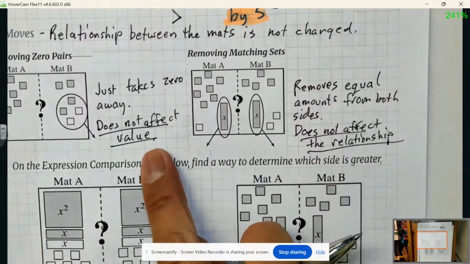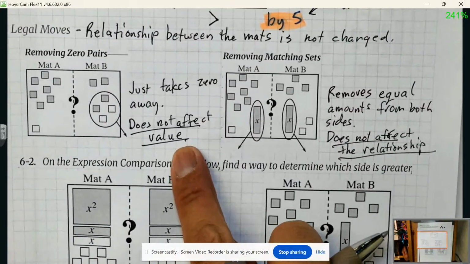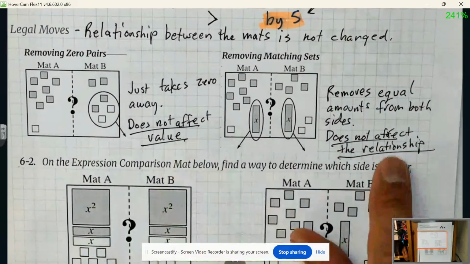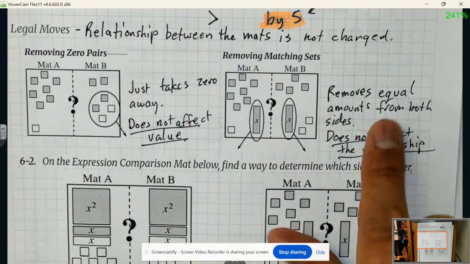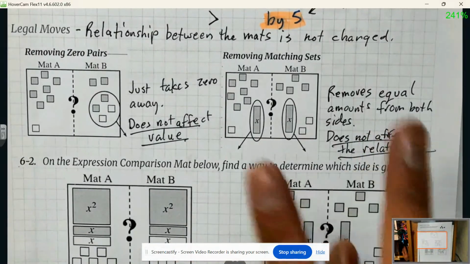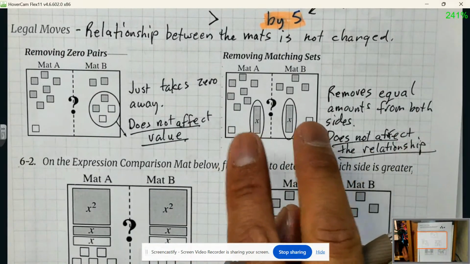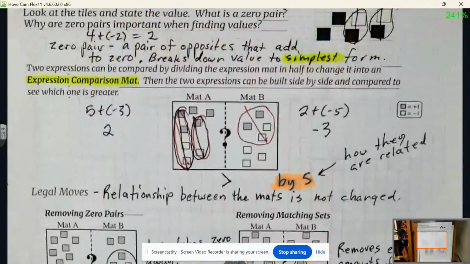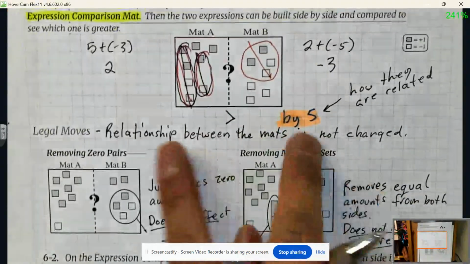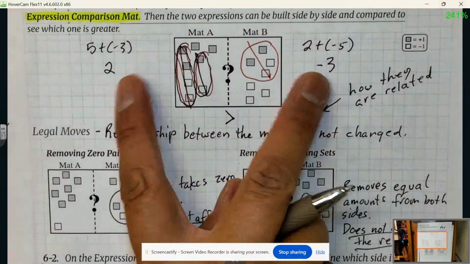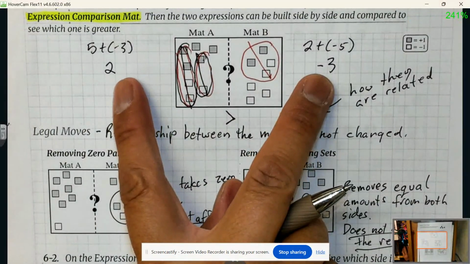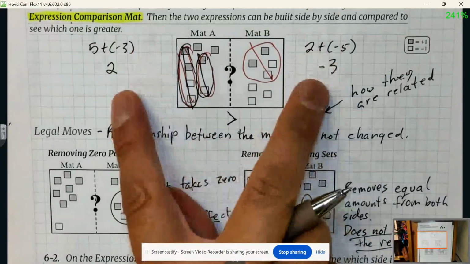So this legal move doesn't affect the value, which also does not affect the relationship, and removing equal amounts from both sides keeps that balance, whatever it is, the same. It's like what we did over here. We had 2 and negative 3. After we took away 0, the relationship was the same.